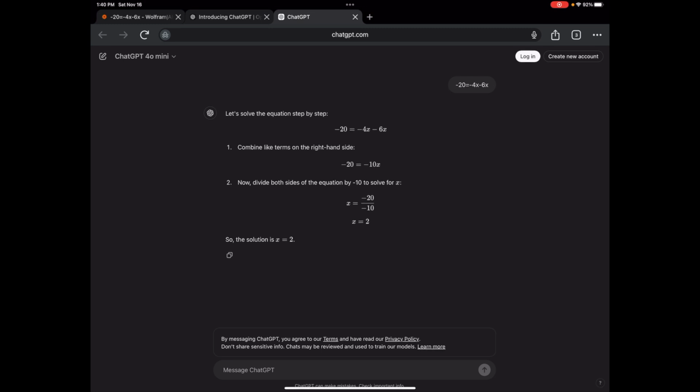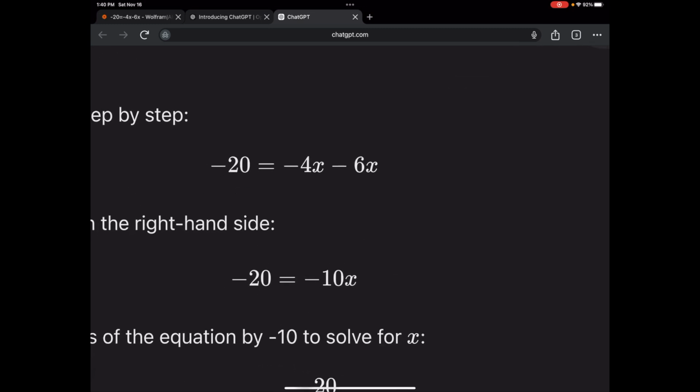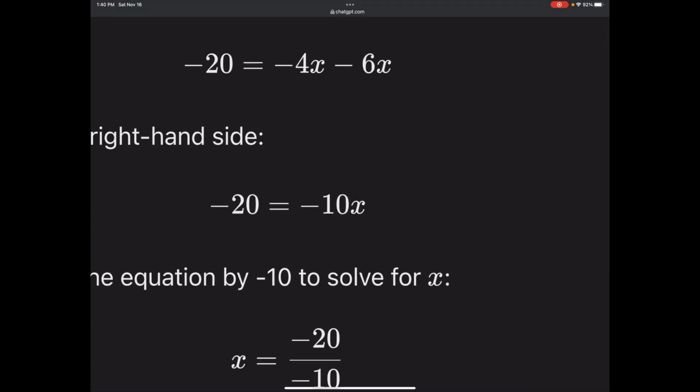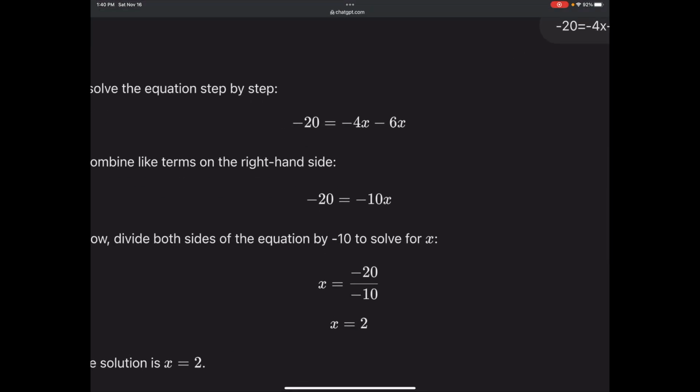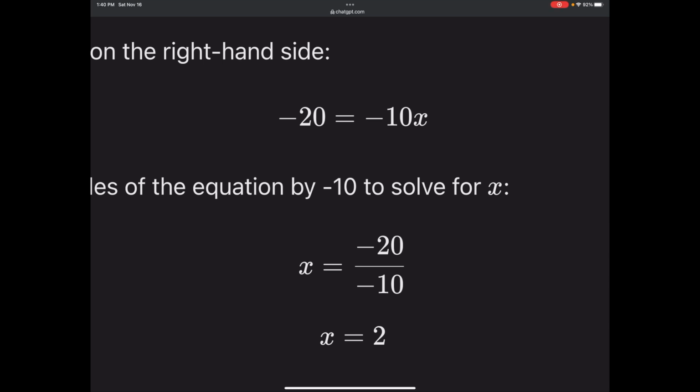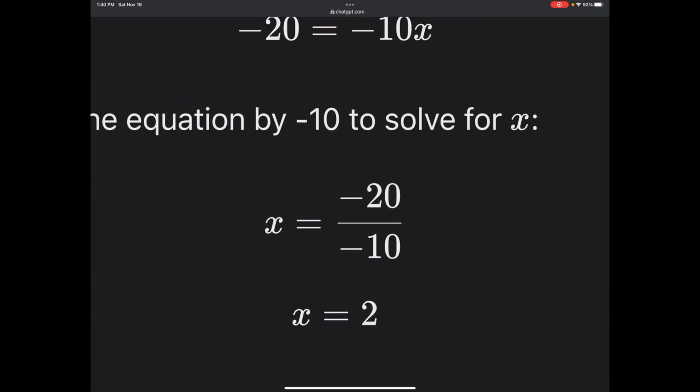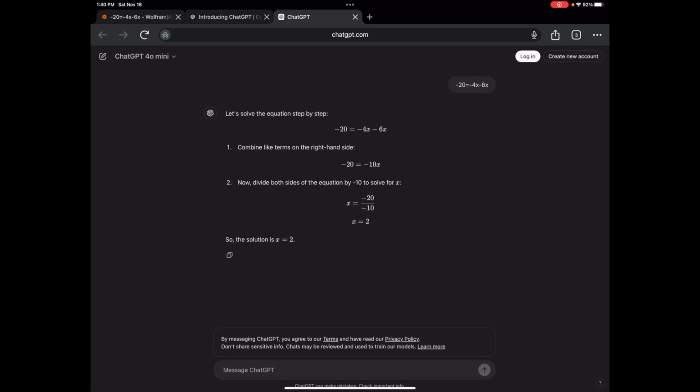So we have, too bad I don't have a highlighter here, on the right hand side, negative 4x and negative 6x, which when combined equals negative 10x. And then it shows us that we have to divide, right? We're going to move the negative 10 to the other side. We end up with negative 20 over negative 10, and then x equals 2. So it shows us step by step how to do the problem.